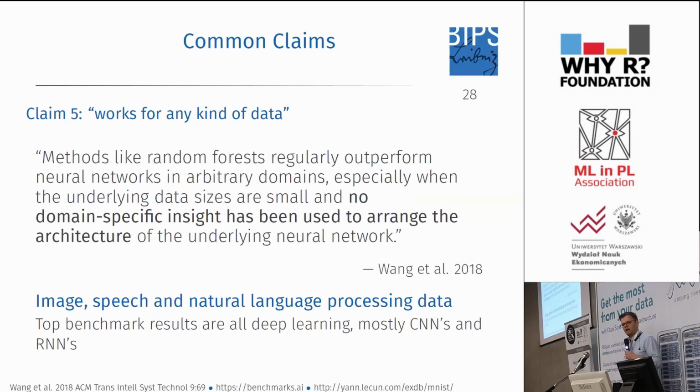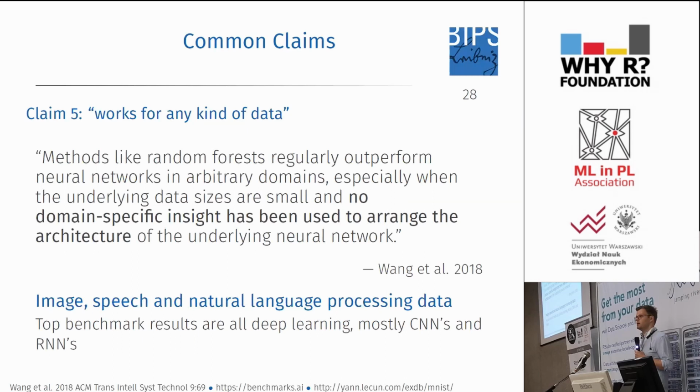And this point highlighted in bold, I think, is very important, because that's exactly the reason why deep learning works so well for these image, speech, and NLP data, because you use convolutional neural networks or recurrent neural networks, which put in that domain-specific insight. This might also be possible in a random forest, but at least so far, it's not working so well.